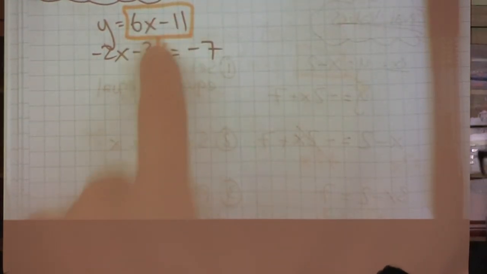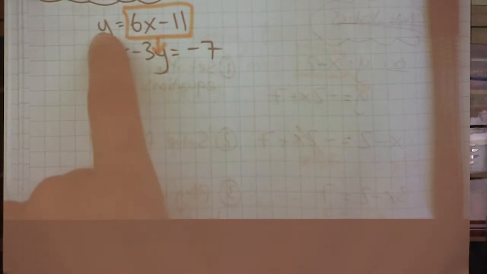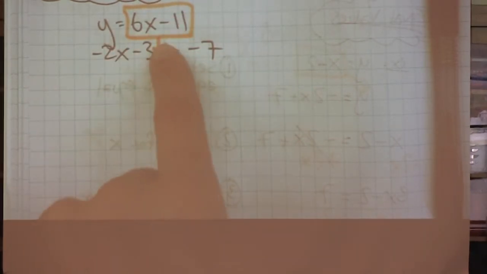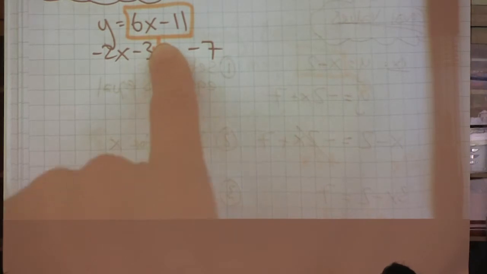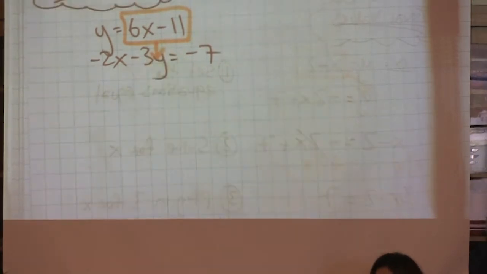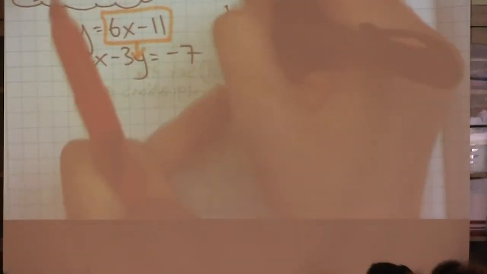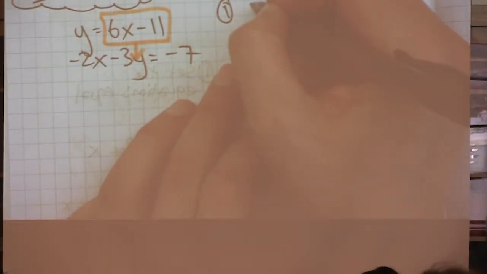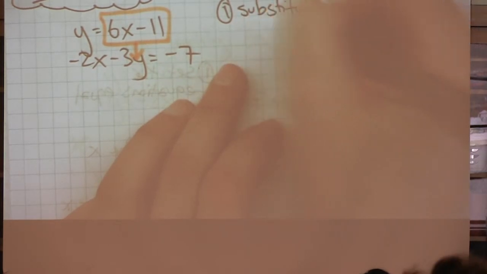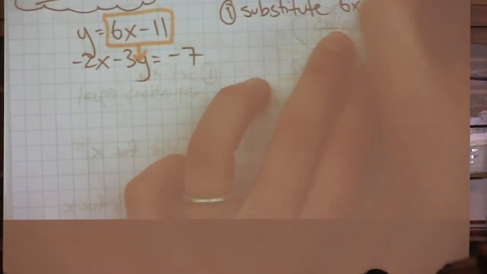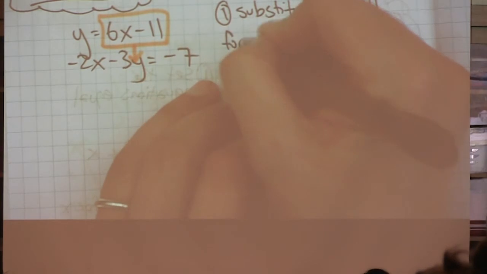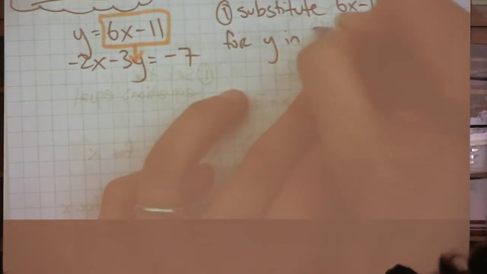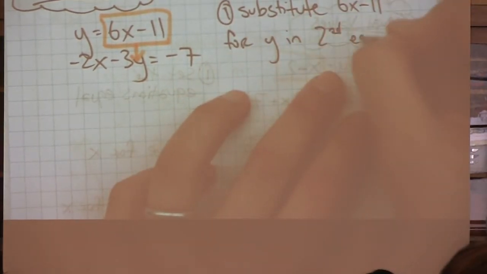Because they are equal, I can plug it in or substitute it in place of y. So that first step is going to be to substitute 6x minus 11 for y in our second equation.